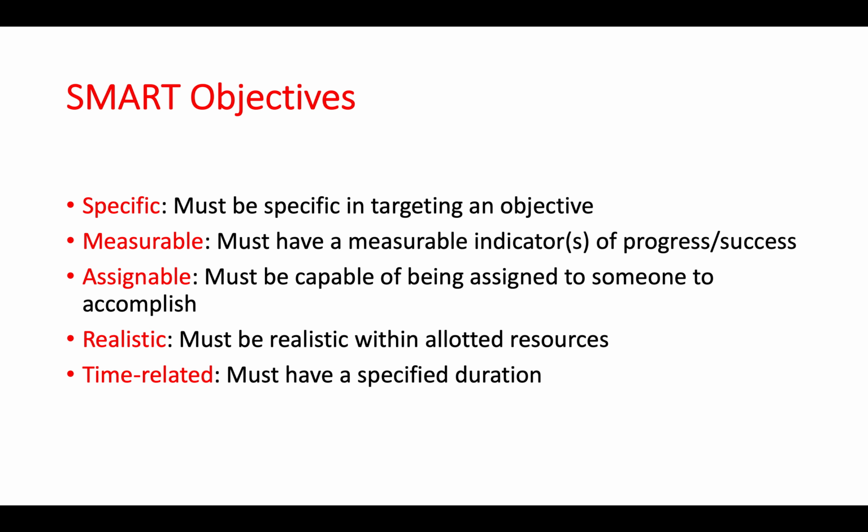Assignable means that when we set up the objective, we need to include the information of someone who is assigned by the organization to achieve this goal. And also the objective needs to be realistic to achieve, and also needs to have a specified duration.